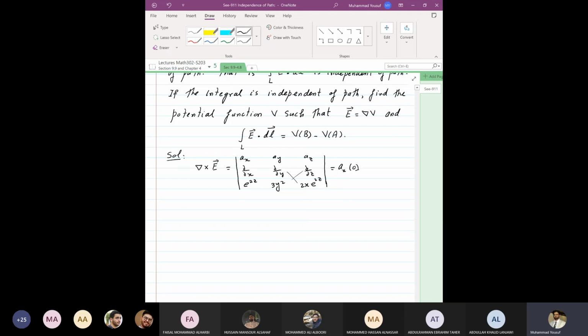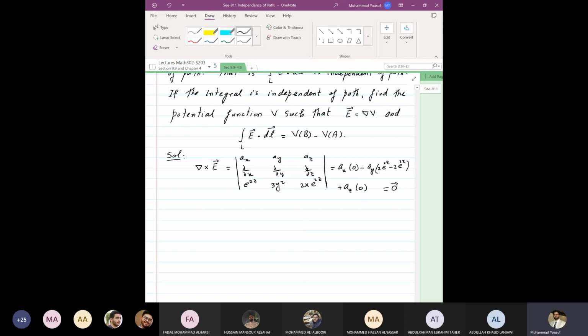So ax with 0, minus ay, and then the derivative is 2e power 2z minus 2e power 2z, which will be 0 by cancellation, plus az: partial over partial x of 3y square is 0, partial y of e power 2z is also 0, so this is 0. So we say that this is equal to 0 vector.